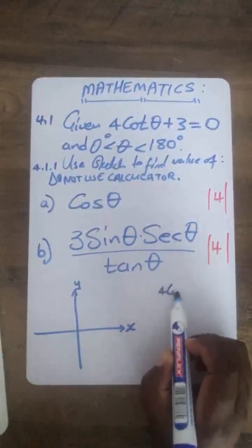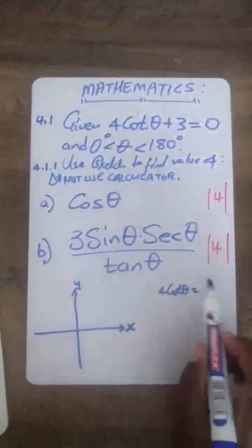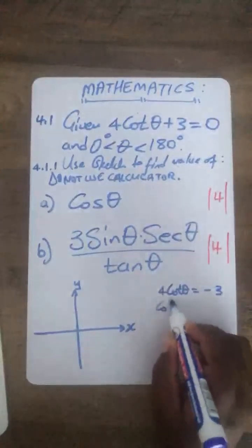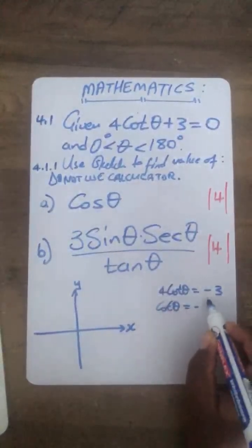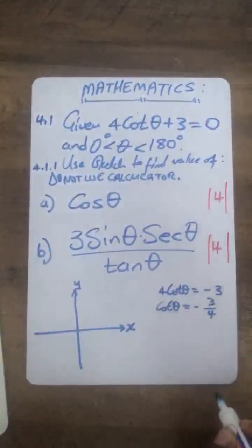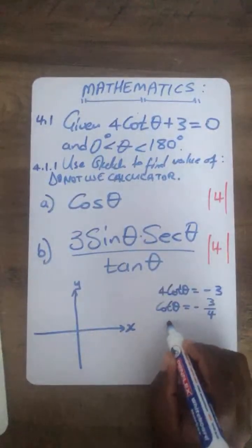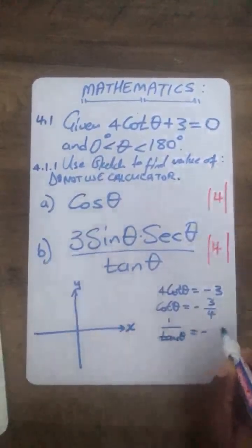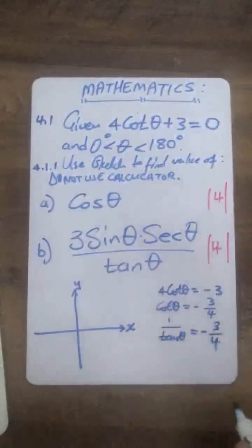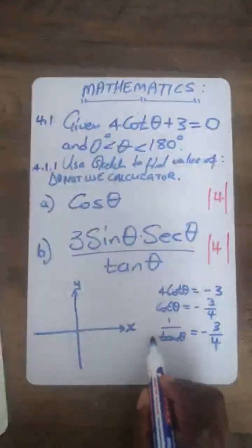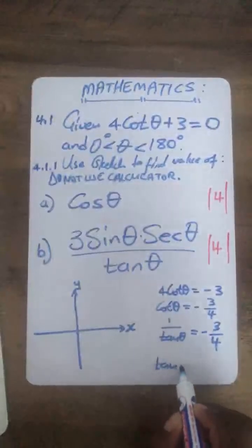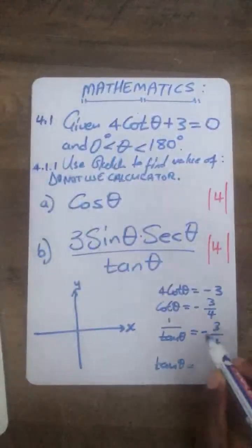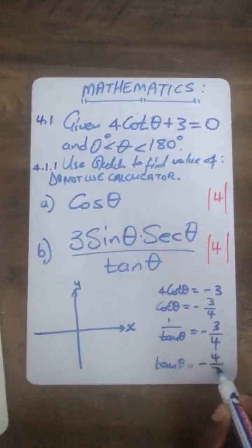We are having 4 cot of an angle; we take 3 to the other side, it becomes -3. Then this is cot of an angle, which equals -3 over 4. We do know very well that 1 over tan is cot. So if we take tan to the top, tan of an angle is going to be equal to -4 over 3.